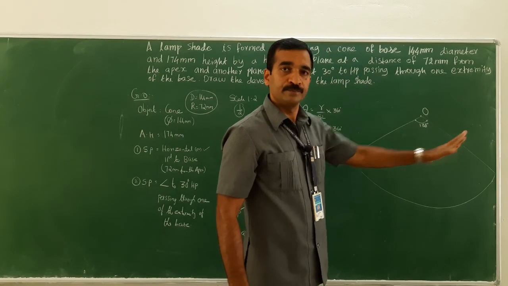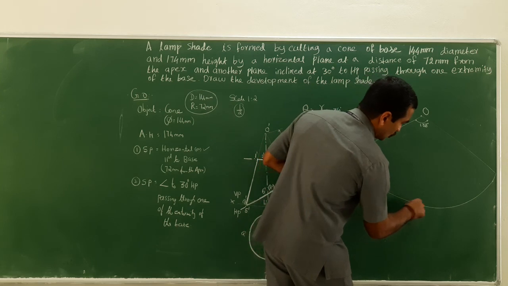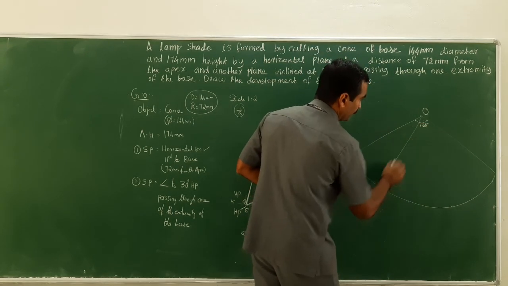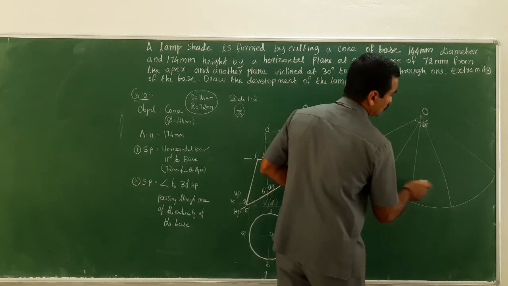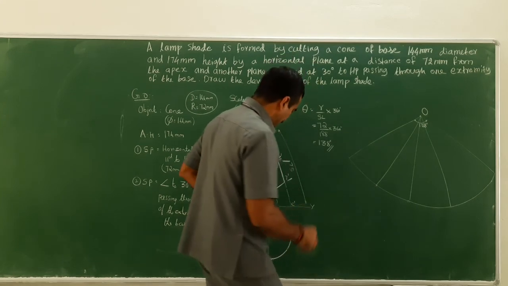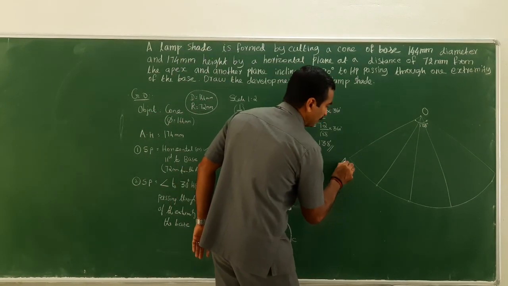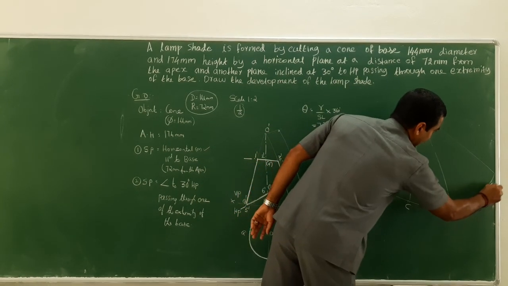So, this segment needs to be divided into 4: 1, 2, 3 and 4. Now connect these points. The base has been named ABCD, therefore start with A, B, C, D and A.